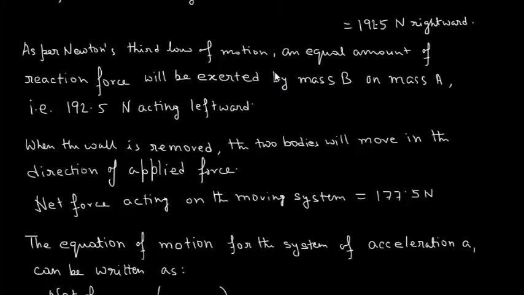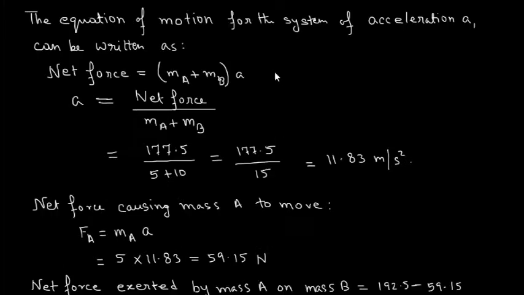Net force acting on the moving system will be equal to 177.5 Newton. The equation of motion for the system of acceleration A1 can be written as net force is equal to (ma plus mb) into A. A is equal to net force upon ma plus mb.